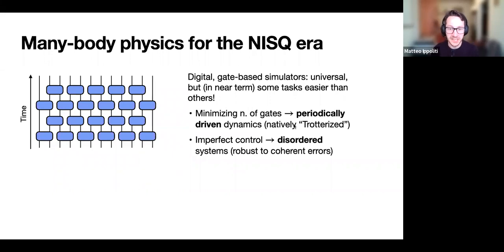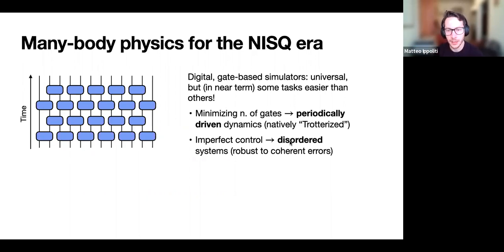And that's because in the presence of at least coherent errors, where some coupling in the system is consistently not what you wanted it to be, but somewhat different, well, such a mismatch is actually a feature for disordered systems. So we don't have to worry as much about coherent errors in our system.